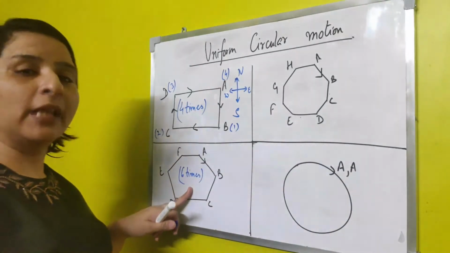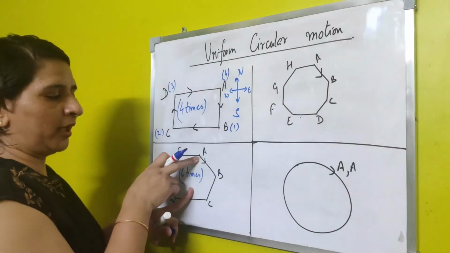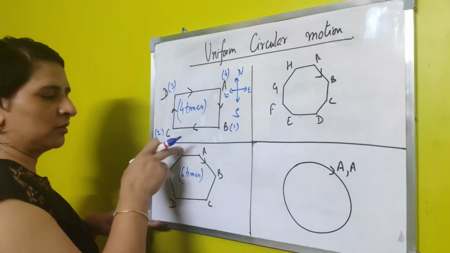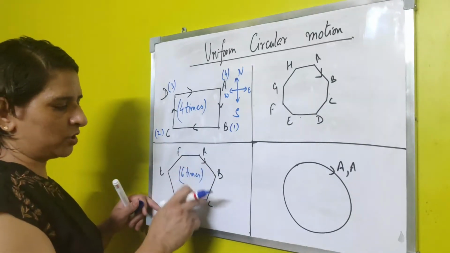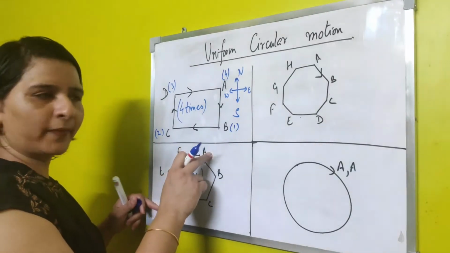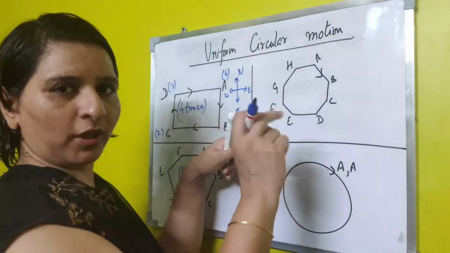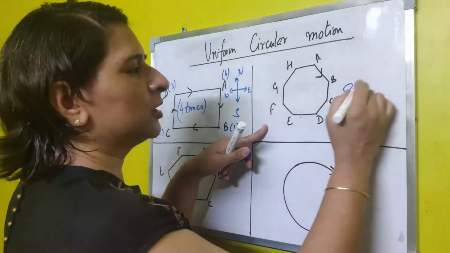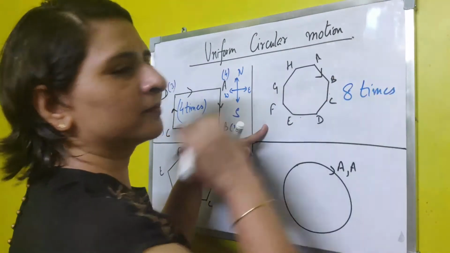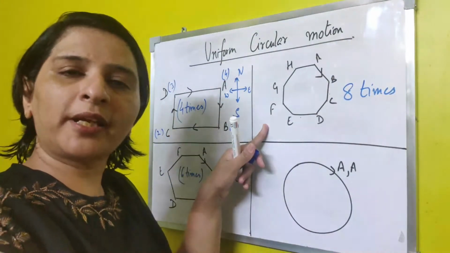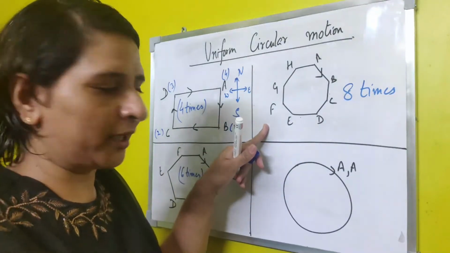To move on the hexagonal track, starting from A, it will have to change direction 6 times: 1, 2, 3, 4, 5, 6. If it has to go on an octagonal track, it will have to change direction 8 times. More the number of sides, more times it has to change the direction.